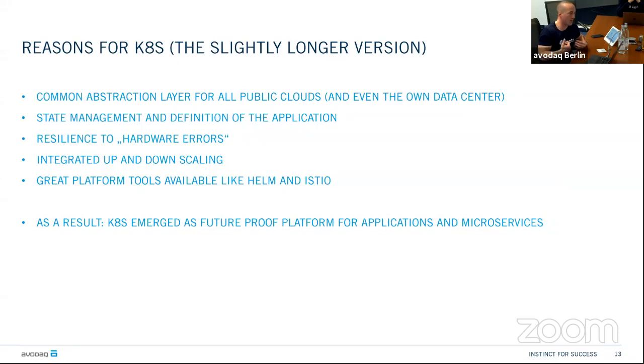The reason why we think these platform add-ons are developed at such a speed is that Kubernetes seems to be the clear winner. For us, this was the main decision: we need to go into Kubernetes because it's the platform of the future.